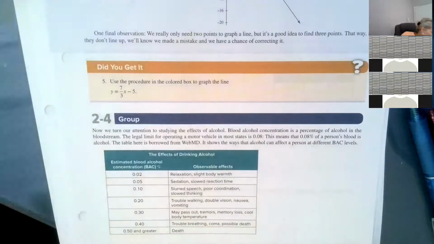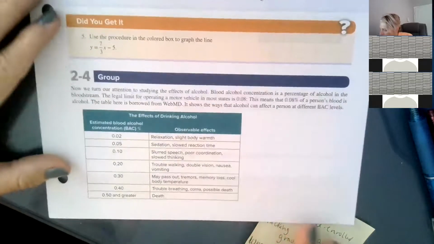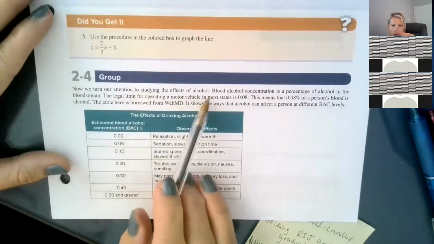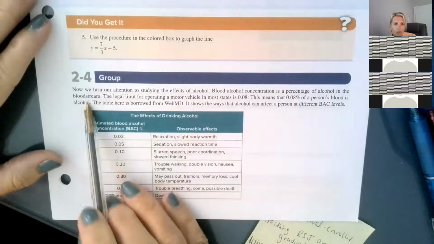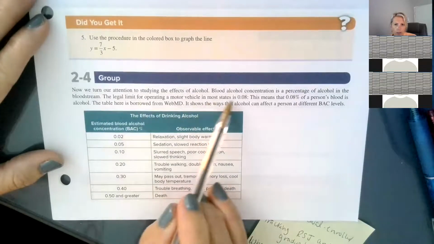So 2.4 is kind of a longer lesson just because we want to give you lots of different stories to work around here. This is a good one, and we'll get started with it today and see where we end up. So it says, now we turn our attention to studying the effects of alcohol. Blood alcohol concentration is a percentage of alcohol in the bloodstream. The legal limit for operating a motor vehicle in most states is 0.08.